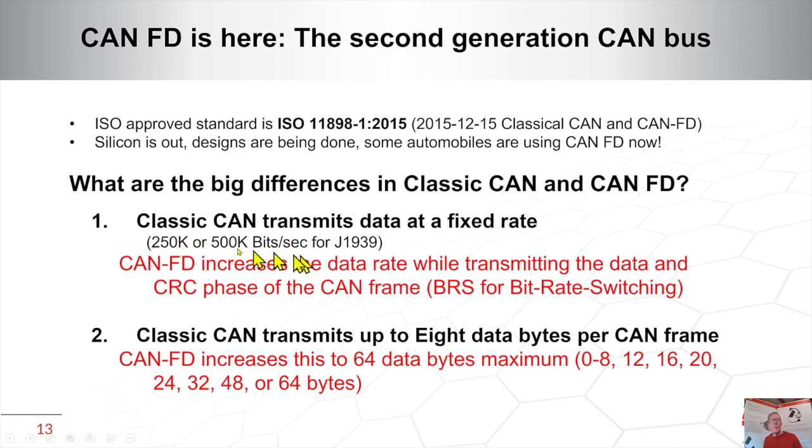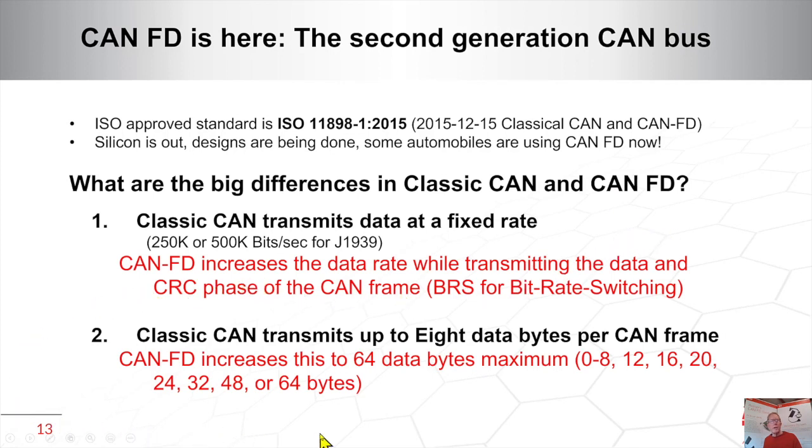In J1939, that's either 250K or 500K. In CAN FD, when J1939 uses CAN FD, it transmits the ID at 500K and bitrate switches up to 2 megabits for the data phase, and that's allowed in CAN FD.